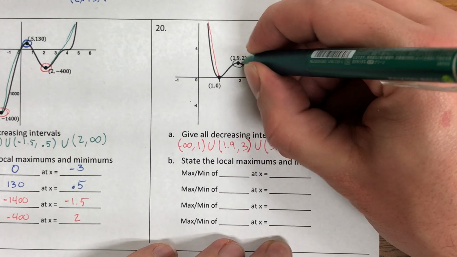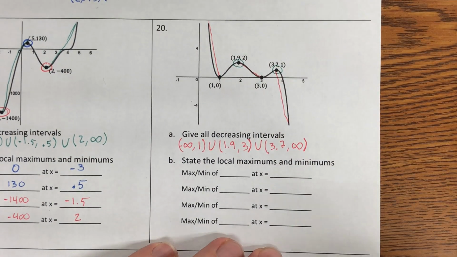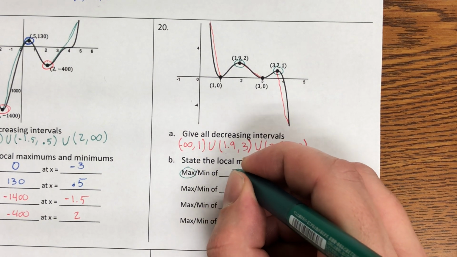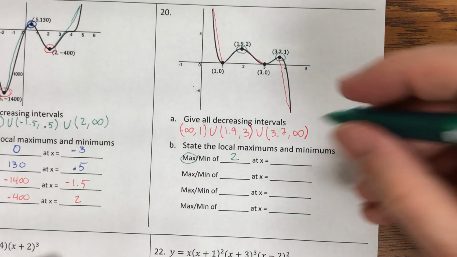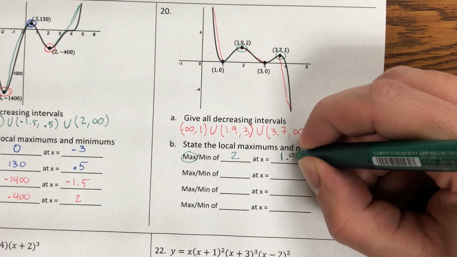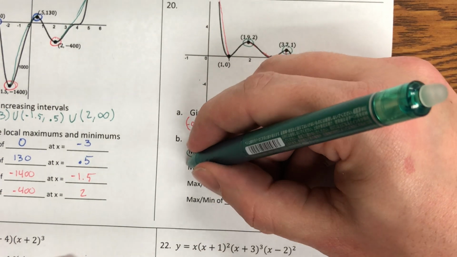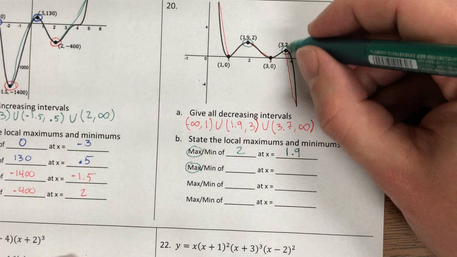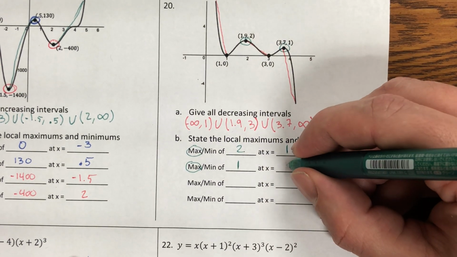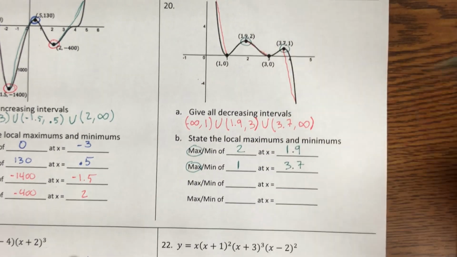My maximums are those two there. So I have a maximum of the high point, the y value, 2, at what that x value is, 1.9. I also have another maximum value of this y value of 1 at x equals 3.7.